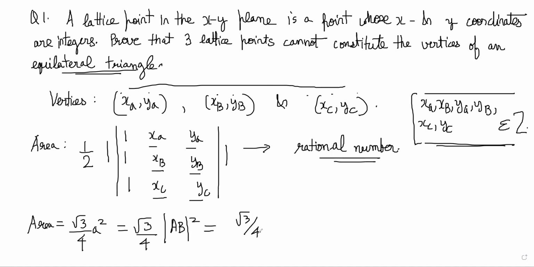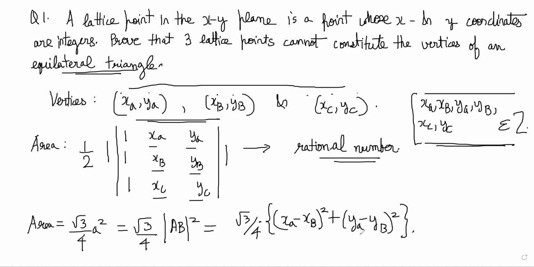By the distance formula, AB square should be (xa minus xb) whole square plus (ya minus yb) whole square. Now, if this triangle was equilateral, you can see that this term is an integer, and when you multiply it by root 3 by 4, this area is coming out to be irrational.